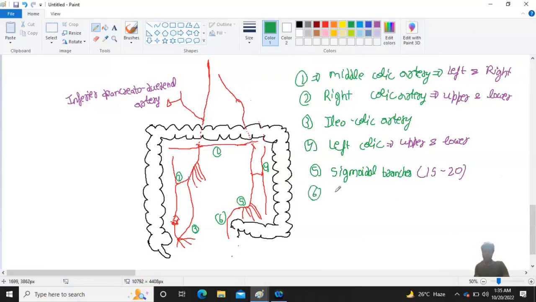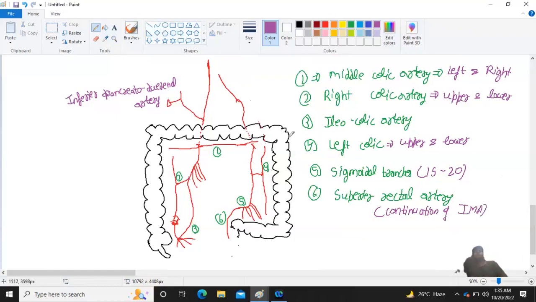Sixth is the superior rectal artery, which is the continuation of the inferior mesenteric artery. Done.